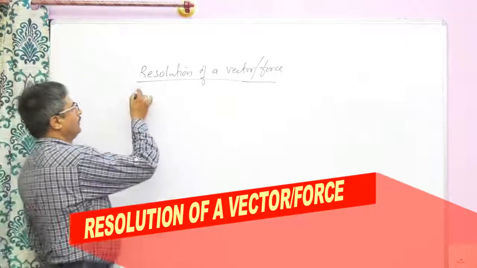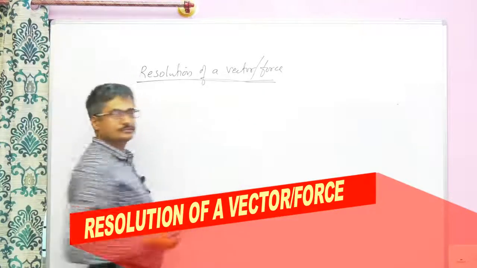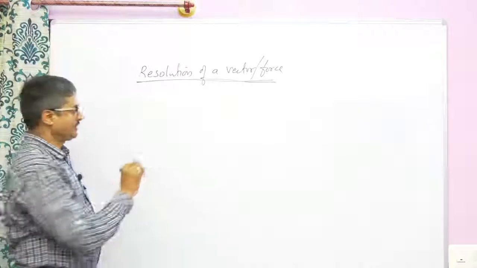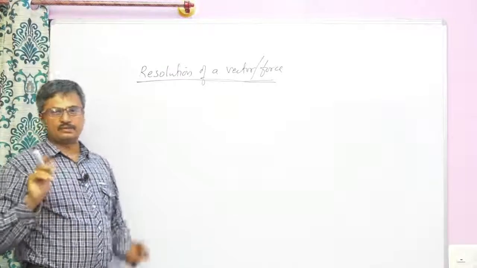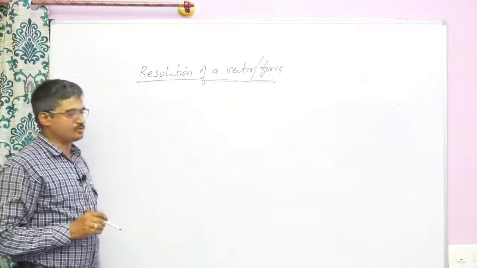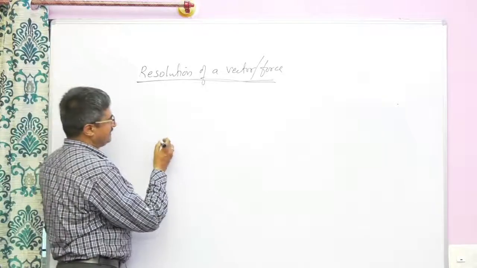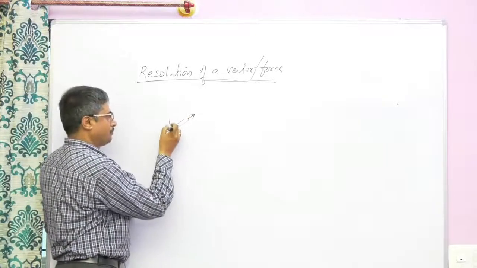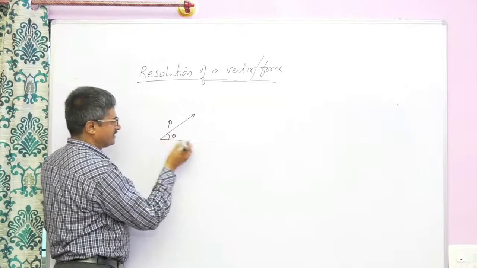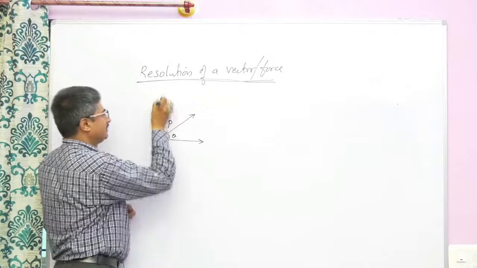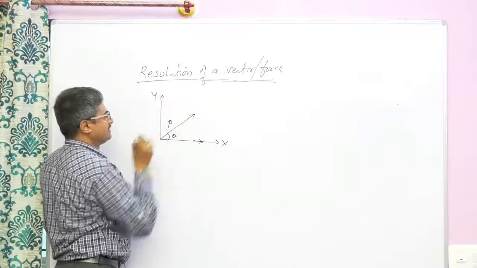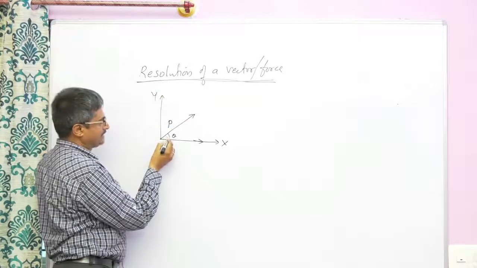Now, resolution of a vector. Resolution means splitting. Splitting of a vector into two or more vectors is called resolution. Usually, if there is a vector P that makes an angle theta with the x-axis, these are the x and y axes.